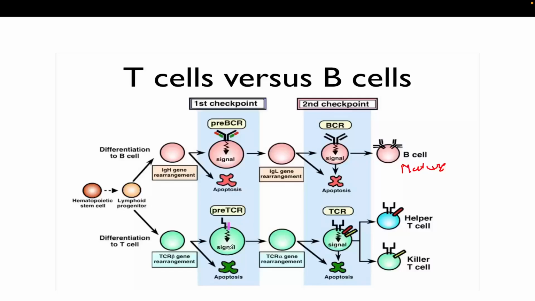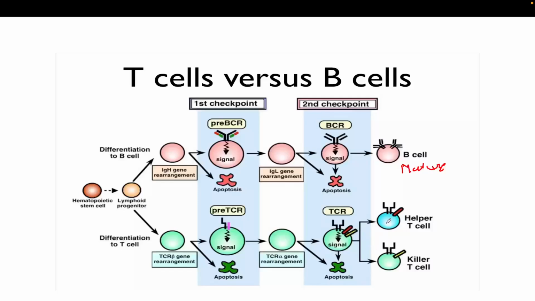If it does not get this type of signal, it will go for apoptosis. Then finally when it is converted into the mature T cell, at that time the alpha gene rearrangement will take place. In the double positive stage, there will be TCR as well as CD3, and the CD4 and CD8 cell surface markers will also be there.